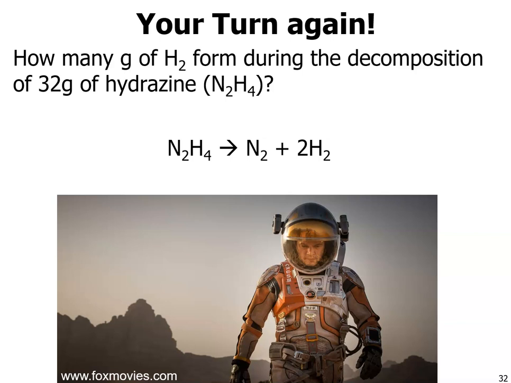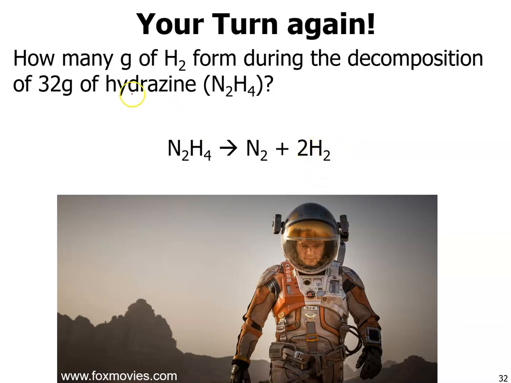He wants to use this to generate hydrogen, and he's going to decompose the hydrazine to hydrogen gas. And this is the chemical reaction. The hydrazine will decompose to nitrogen gas and 2 parts hydrogen, molecular hydrogen.